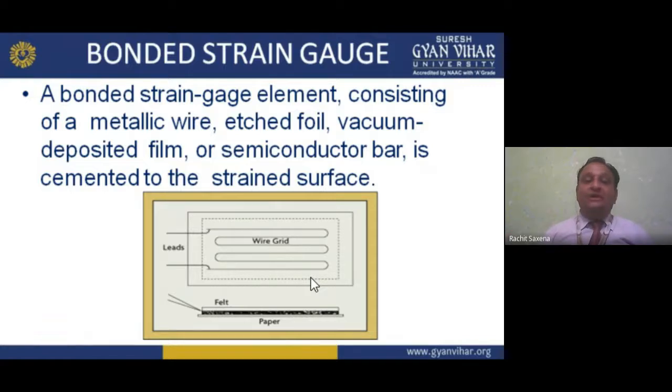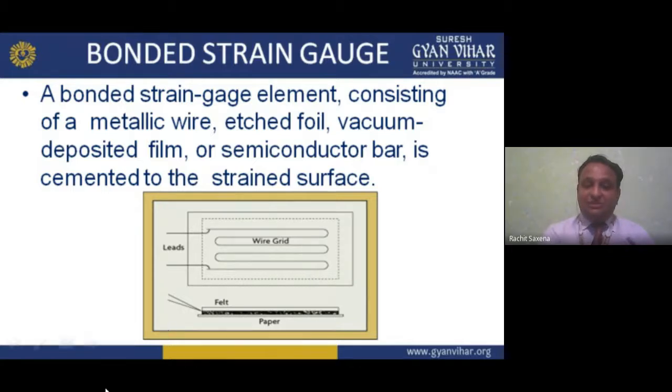So a bonded strain gauge element consists of a metallic wire, etched foil, vacuum deposited film, or semiconductor bar cemented to the strained surface.